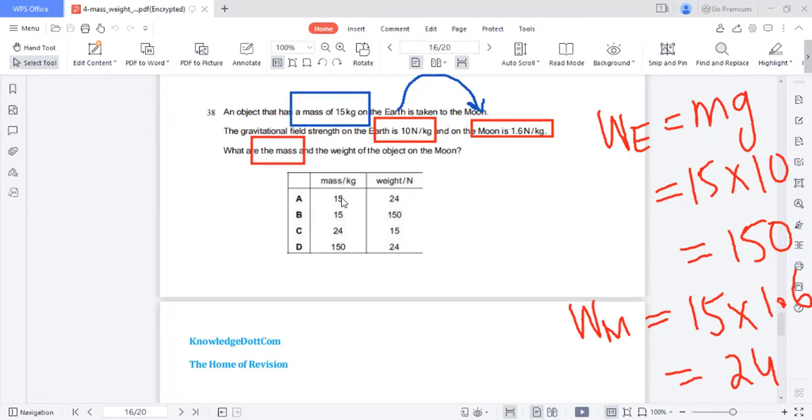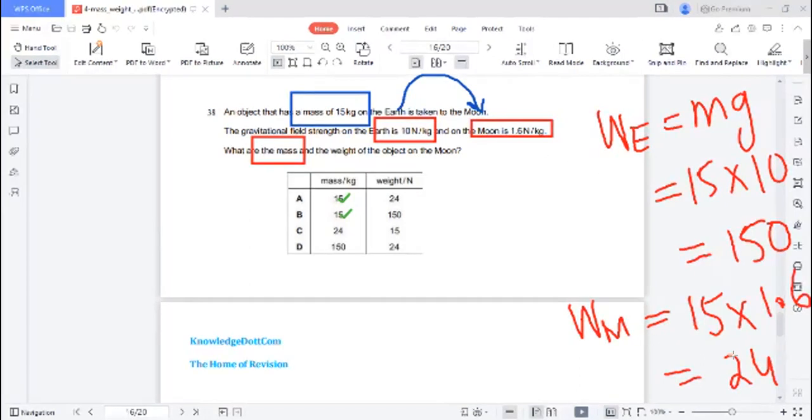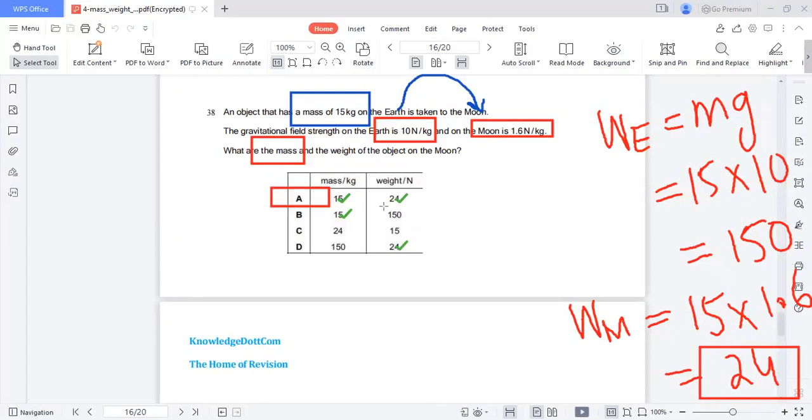So this is 15, and the weight of the object on the moon is 24. We have just calculated. So 15 and 24 are the options. Okay. This is our correct option.